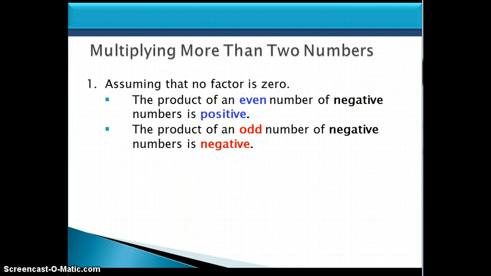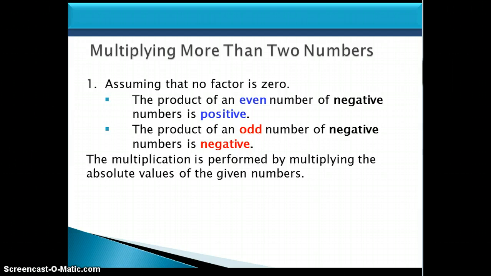Then you multiply by that last negative that's left over, and you end up with a negative product. The multiplication is performed by multiplying the absolute values of all the given numbers, just as before. And of course, if any factor is 0, then the product will be 0.